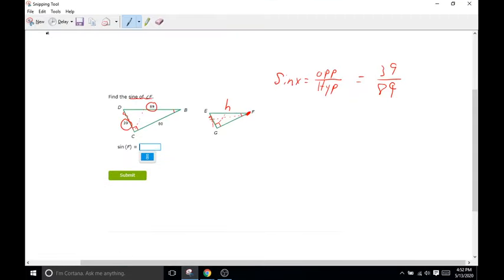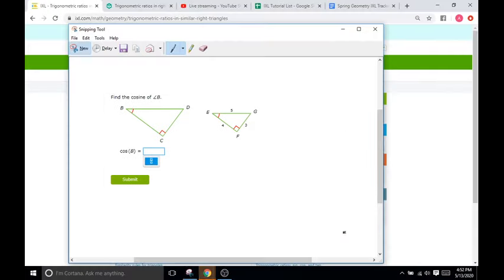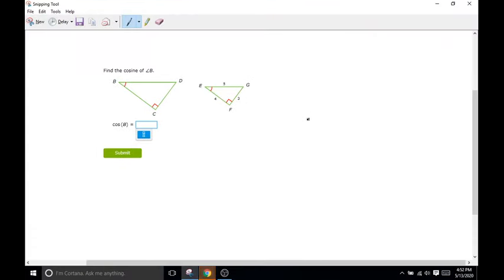Now we have one here for cosine. Remember, cosine is adjacent over the hypotenuse. It's asking for cosine of angle B. We'll go over here, angle B. And so we want the adjacent side here over the hypotenuse, this side, right here.